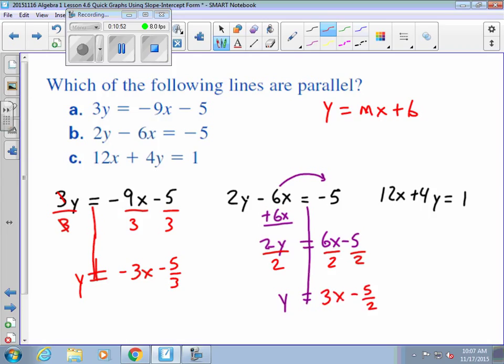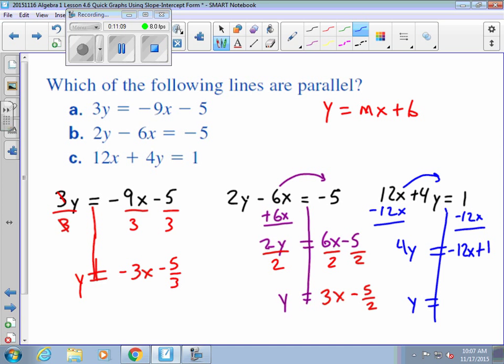And then to get the other one to say y equals mx plus b, you need to move 12x over by subtracting 12x. Do the same here. And you have 4y is equal to negative 12x plus 1. Divide everything by 4. Negative 3x plus 1 over 4.